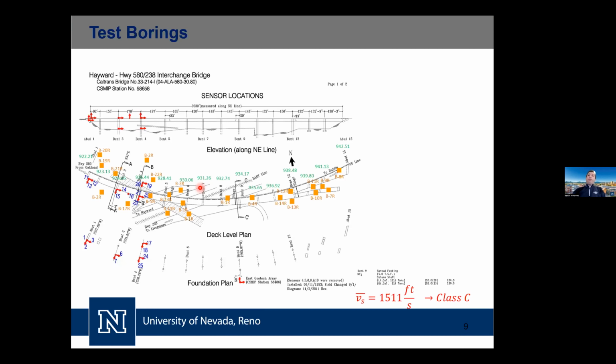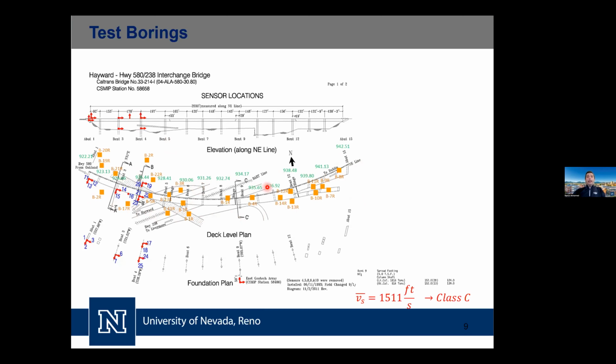From Caltrans, we had received a lot of PDF files, including information about the site, the foundations, and a lot of soil information. We had a lot of test borings we went through. You see some of the locations of these test borings at this site.